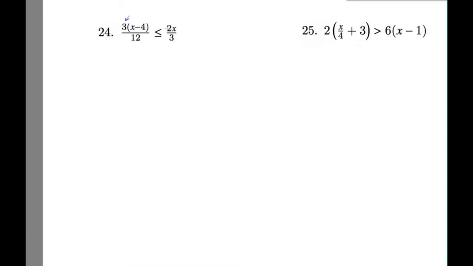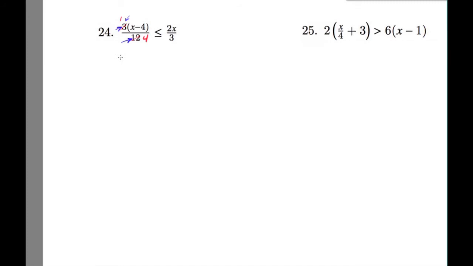I think the simplest thing to do first is we can either distribute the 3, or we could simplify the 3 and the 12, because 3 has a common factor in both 3 and 12. So why don't we do that first? Let's simplify 3 and 12. So that gives me 1 and 4.